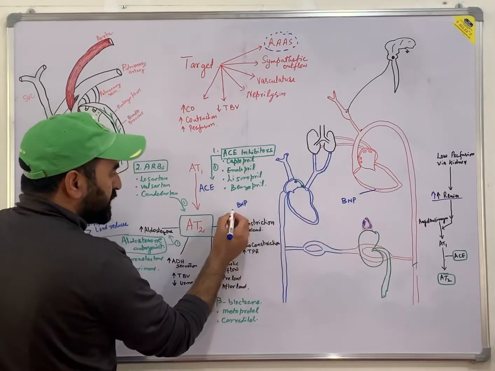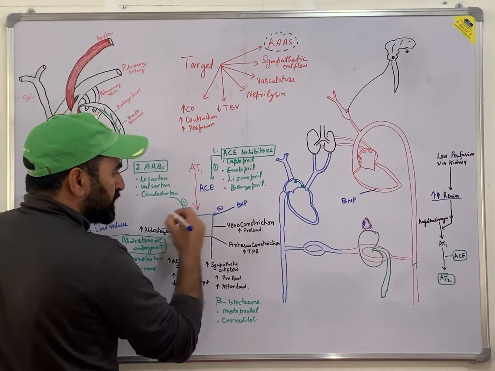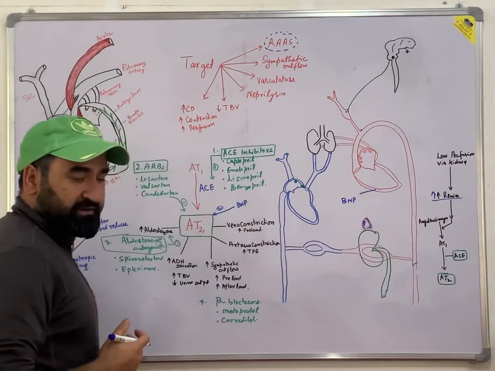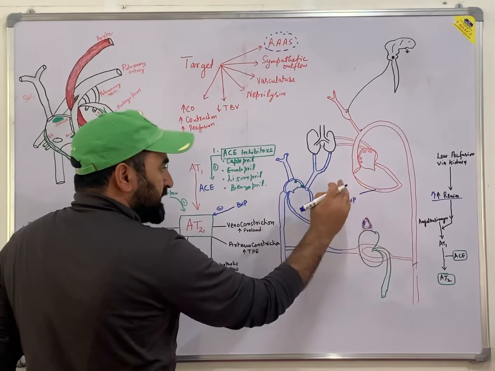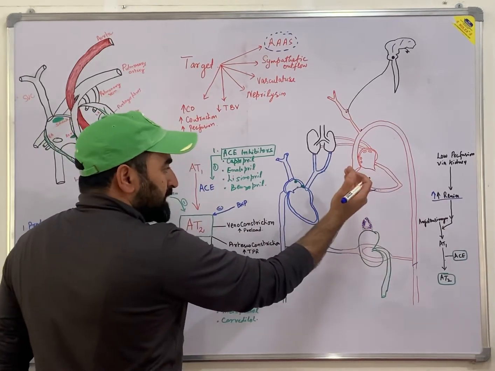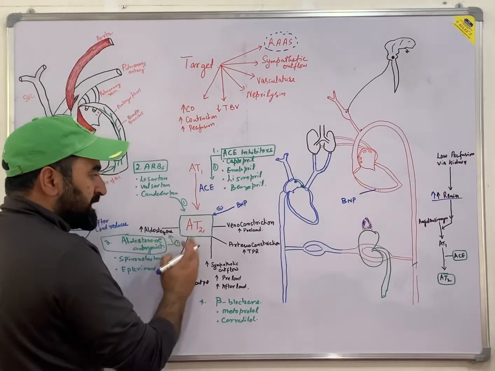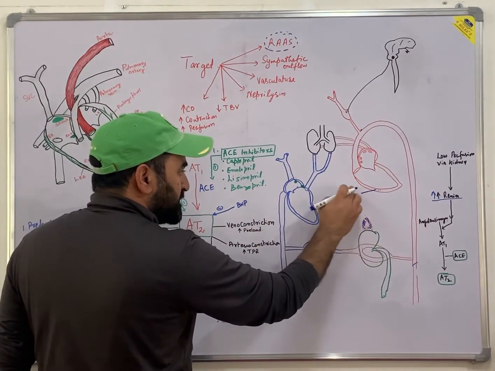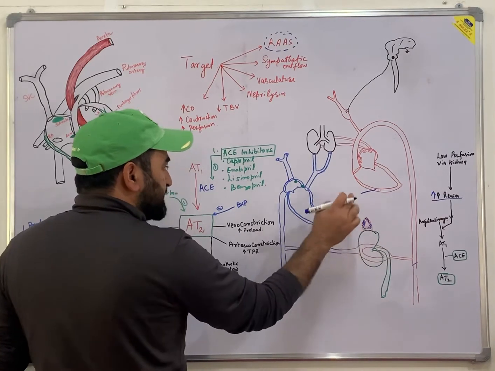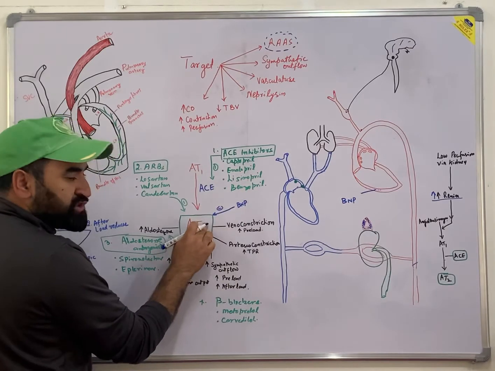This brain natriuretic peptide inhibits the RAAS in response to the insult. So they are released when they find the insult because of this renin-angiotensin-aldosterone axis, and the myocardial cells produce brain natriuretic peptide, which inhibits the RAAS.